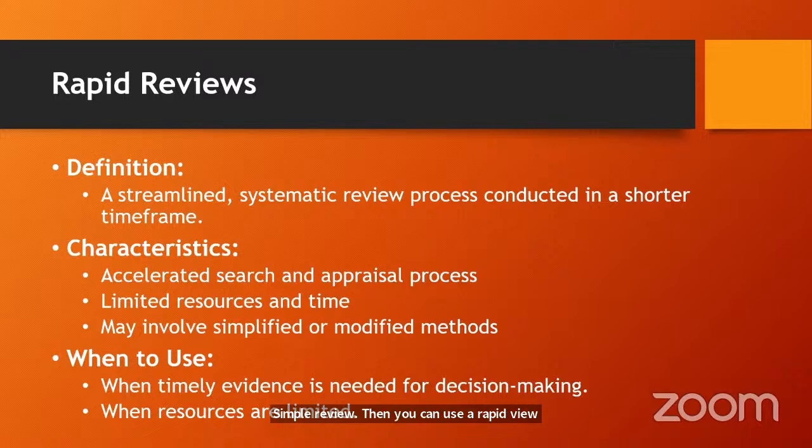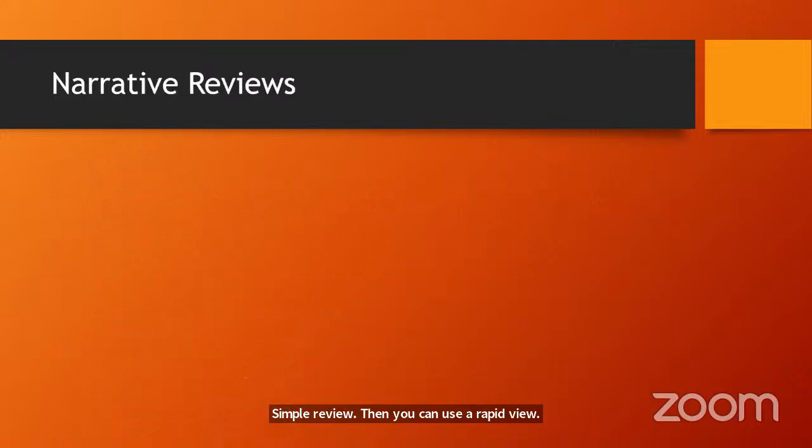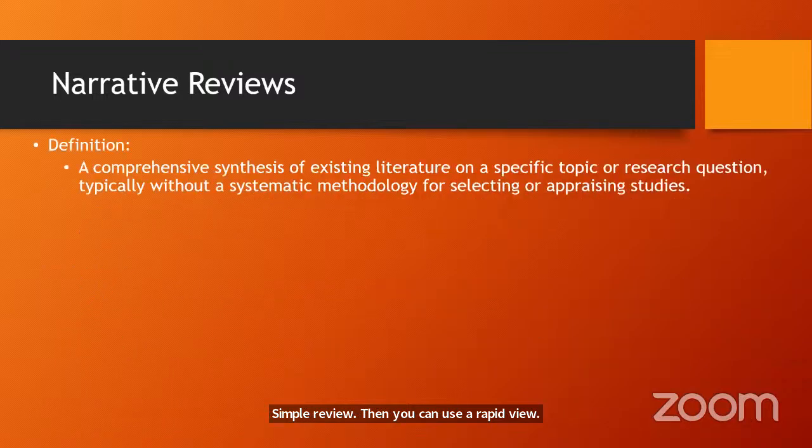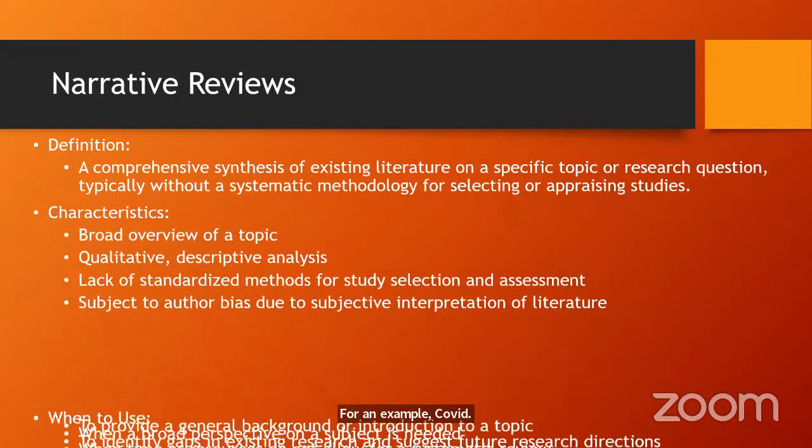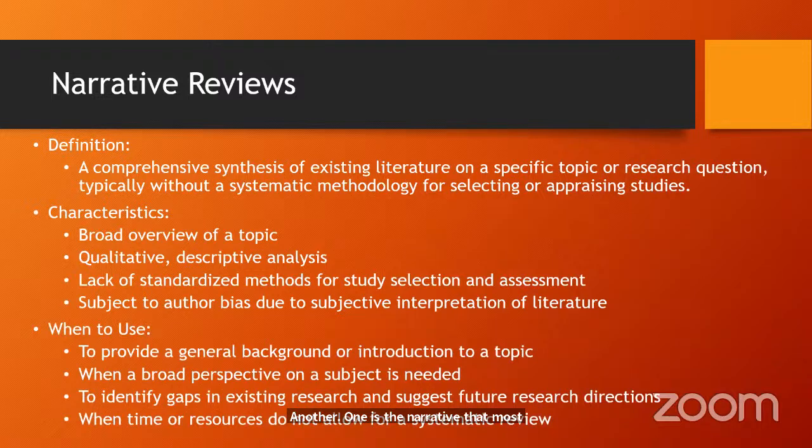For example, COVID. Another one is the narrative review. Most of the people are doing it; you can also say literature review, or you can say narrative review. I will not go into detail for narrative review and other reviews, because I'll be focusing especially on the systematic review and the scoping review.